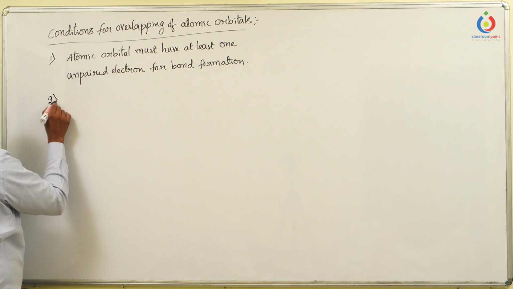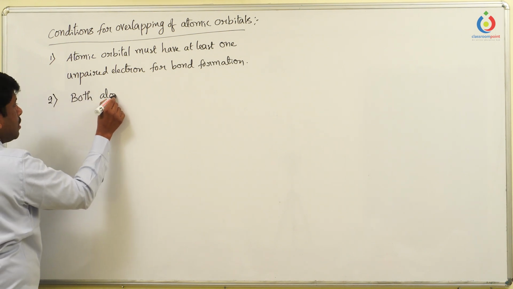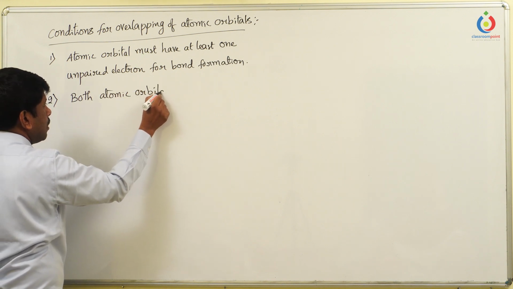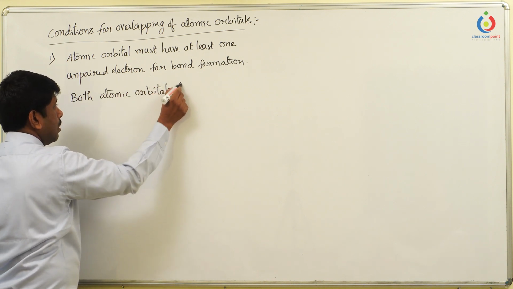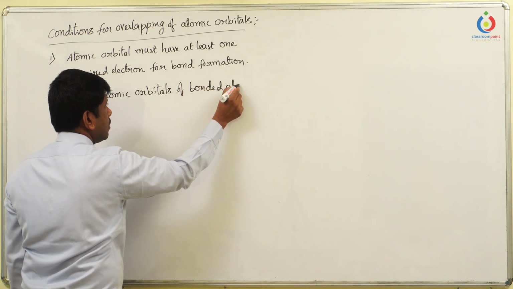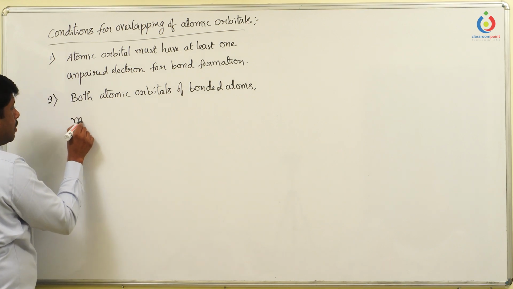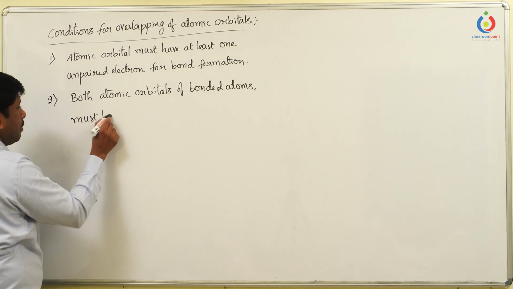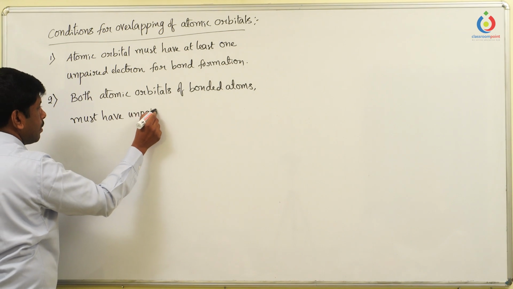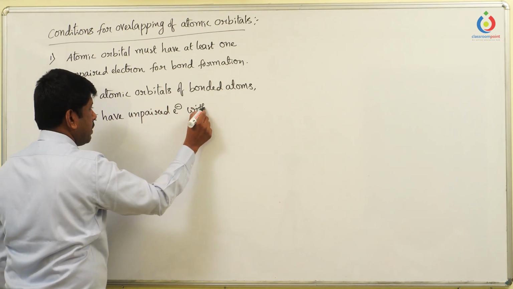The second condition is that both atomic orbitals of the bonded atoms must have unpaired electrons with opposite spin.